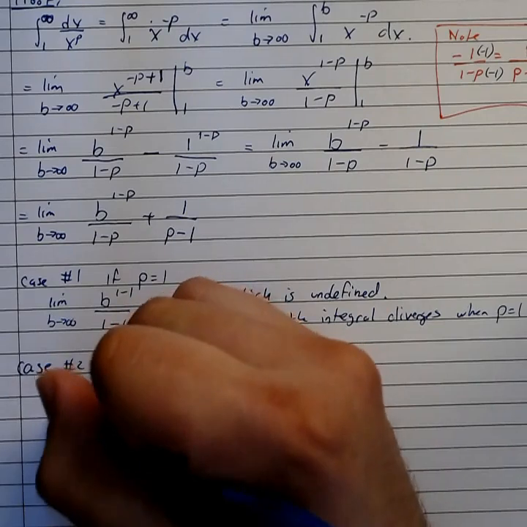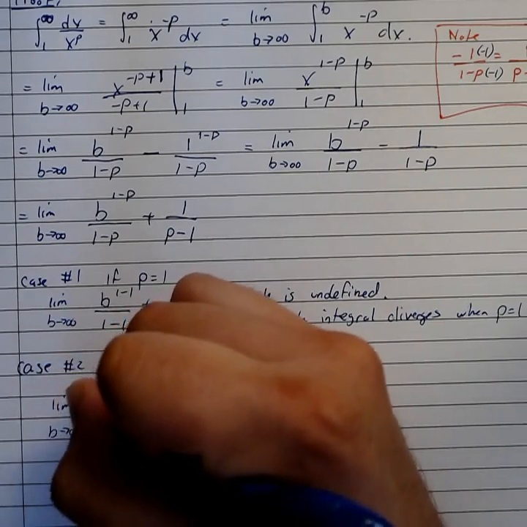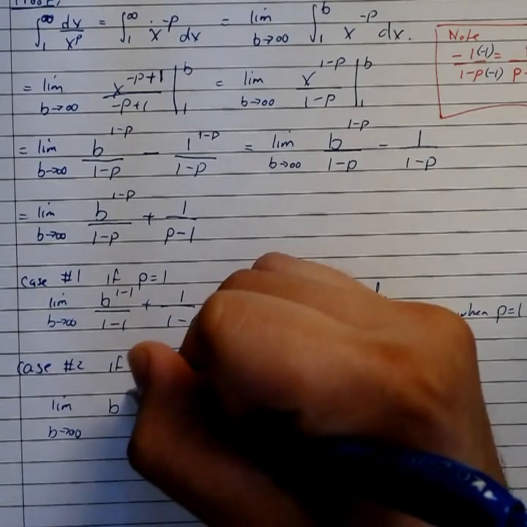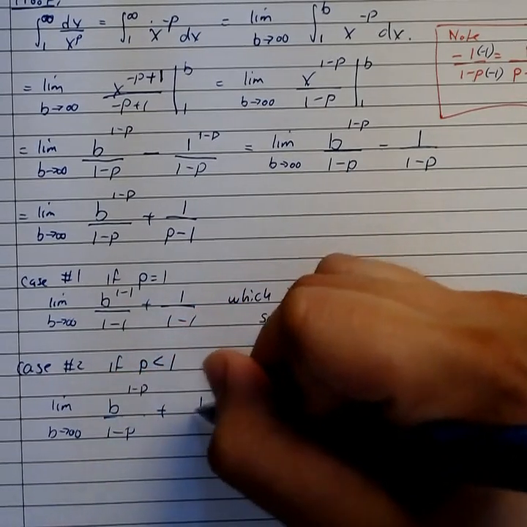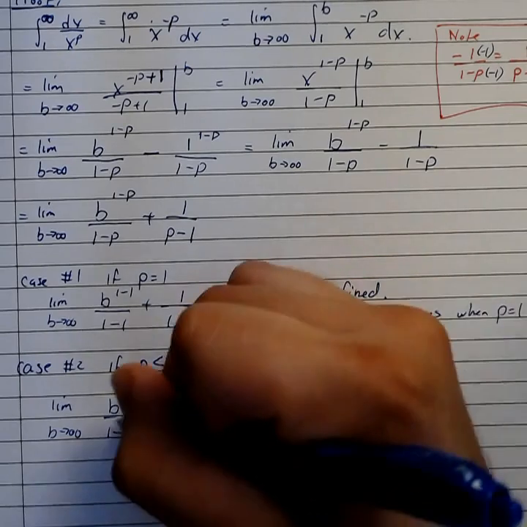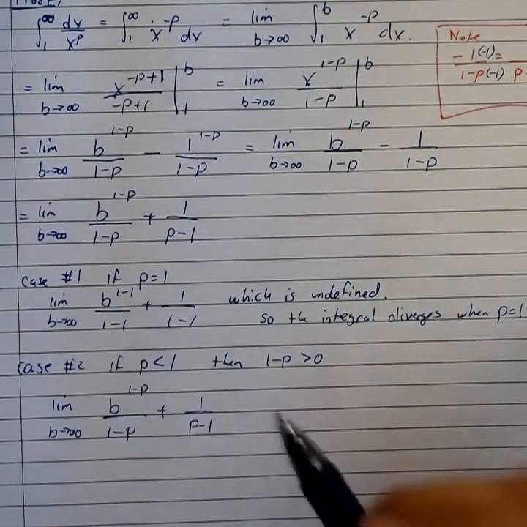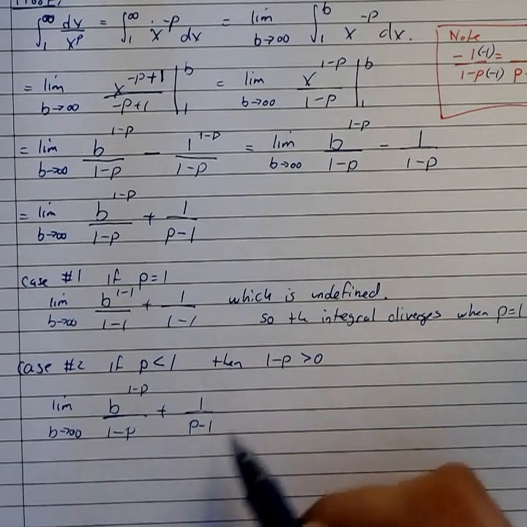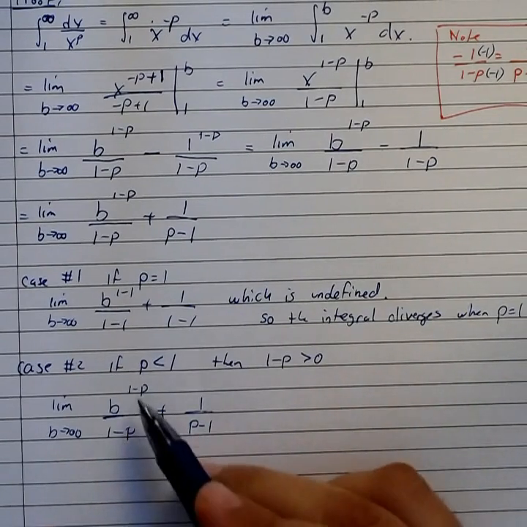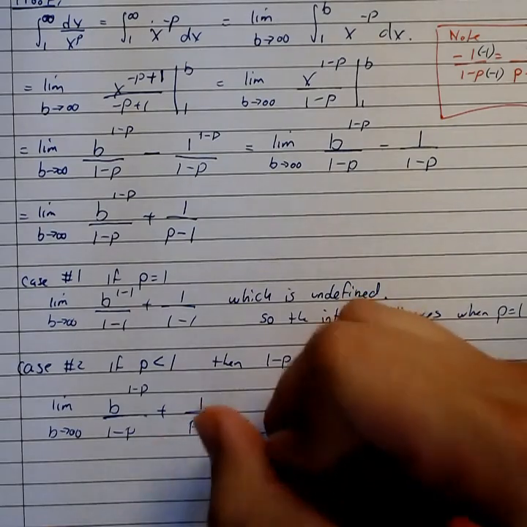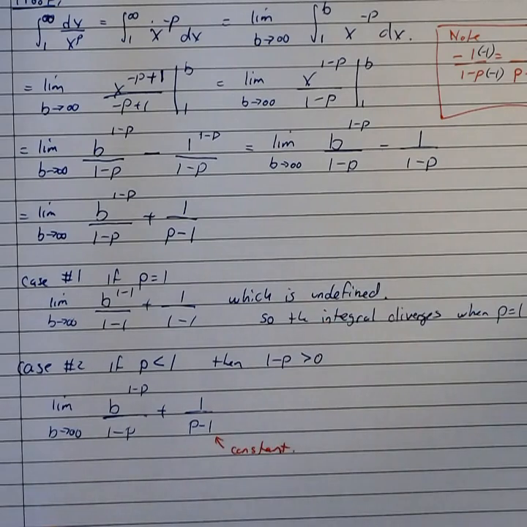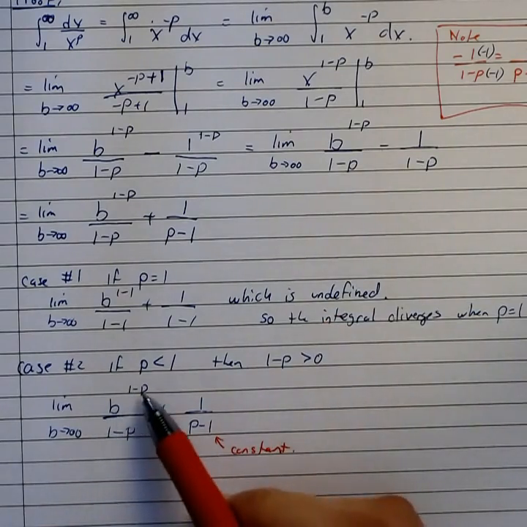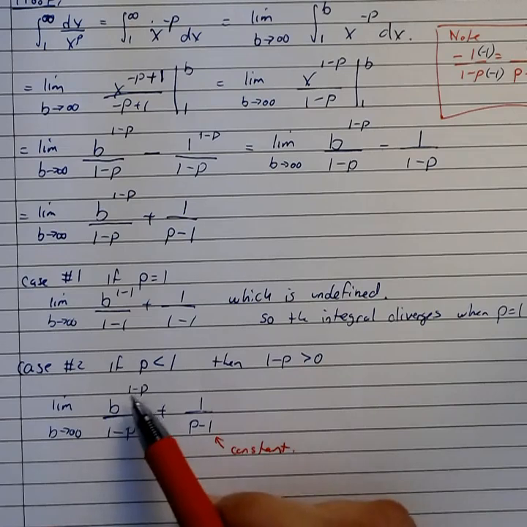So I'm going to have my limit as b approaches infinity of b to the 1 minus p over 1 minus p plus 1 over p minus 1. Notice that 1 over p minus 1 doesn't have a b, so that's a constant number. Since 1 minus p is a positive number, I have something infinite being raised to a power, and that's going to be infinite.